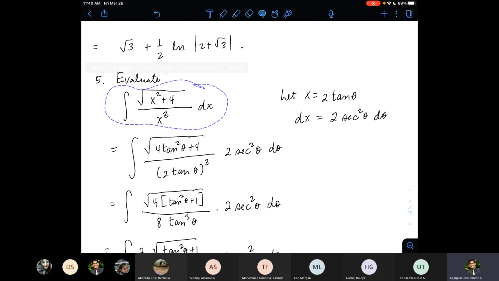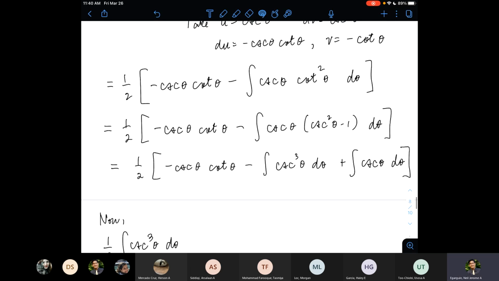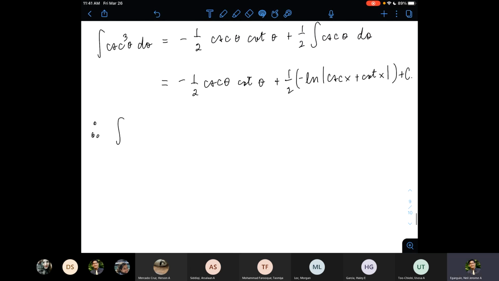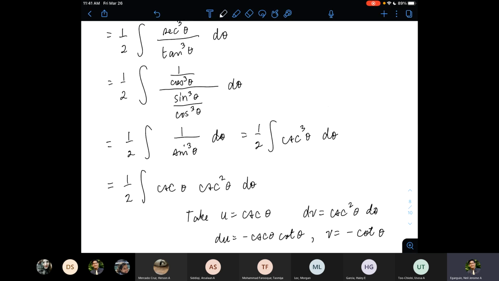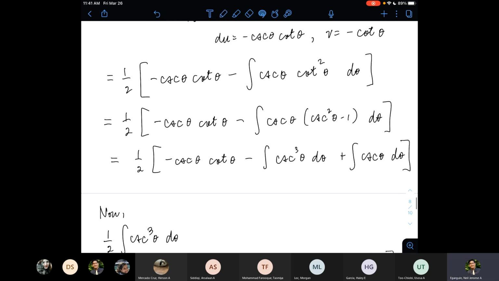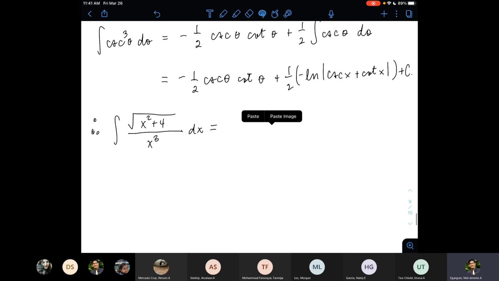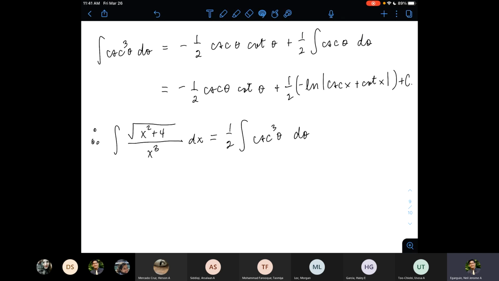This guy, I didn't expect this one to be this long, but anyway, is equal to, remember, it is equal to 1/2 cosecant cubed. That's why you need to keep track of your solution. But we already knew what the integral of cosecant cubed is.